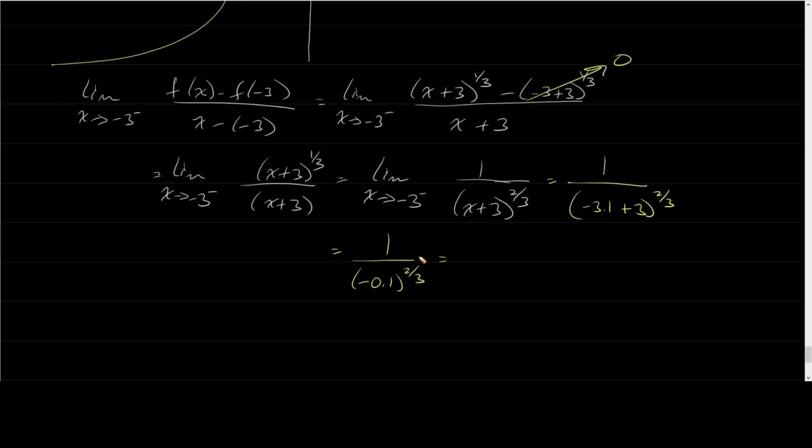Cube root, still positive, but it's going to be a small number, right? Especially if this becomes even smaller, if instead of 1/10, it was 1 millionth or 1 billionth. So 1 over a small number becomes a huge number, right? Because dividing by a small number, it becomes huge.